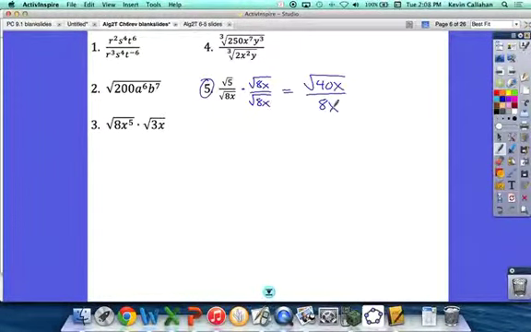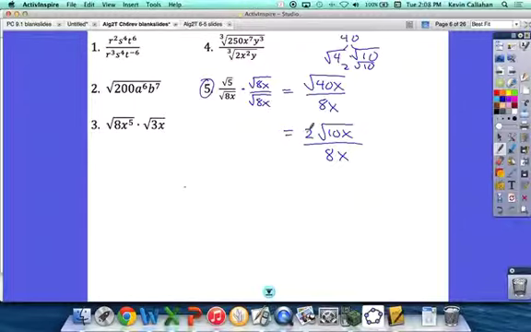Okay, now, 40 is not a perfect square, but does it have any factors that are perfect squares? 40 is 4 times 10. So that is 2 times the square root of 10x. So here we've got 2 times the square root of 10x divided by 8x. And then there's a little more simplifying you can do.